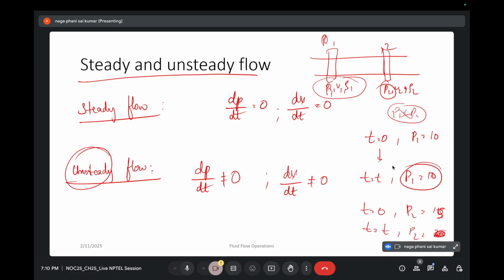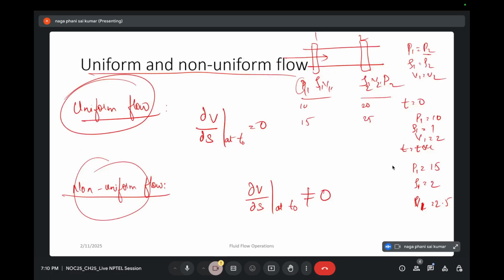It cannot be considered steady state flow. It should remain 15. So steady state flow is represented in terms of time, whereas uniform or non-uniform flow is represented in terms of coordinates.